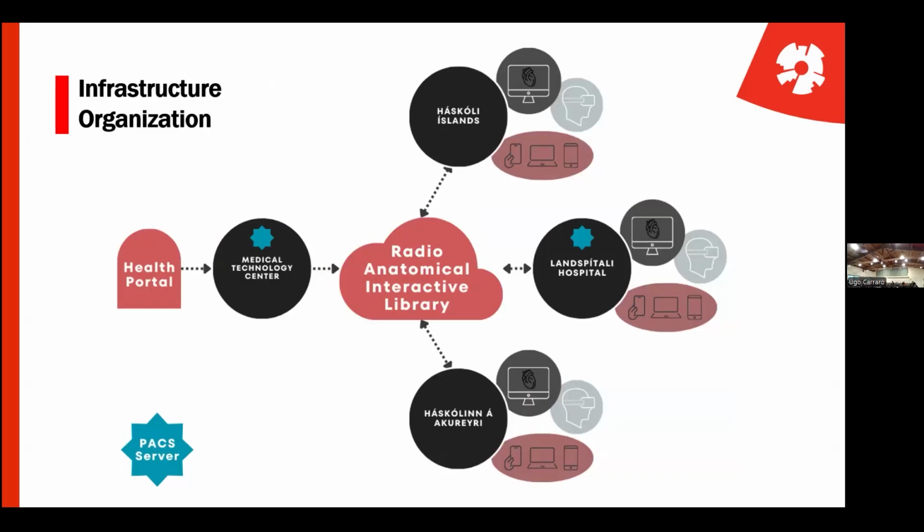And this is how the whole infrastructure looks. The Medical Technology Center, which is the Institute of Biomedical and Neural Engineering, is directly connected to the hospital and to the PACS server, where we can retrieve the data and upload them on the Radioanatomical Interactive Library. And those data can later be accessed by the other institutions.